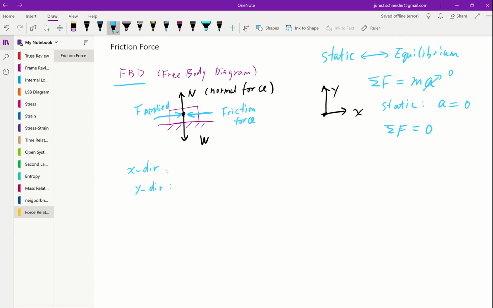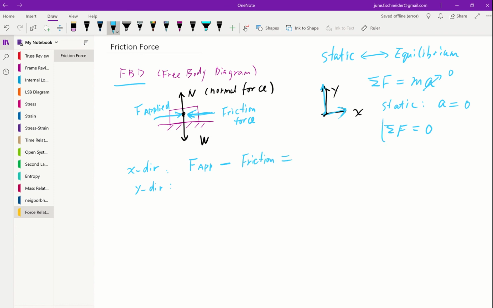So in the x direction, we have this applied force F going to the right, so that's positive. And this friction is going to the left, based on this coordinate with x positive to the right. This force is negative, so it's going to be minus the friction.